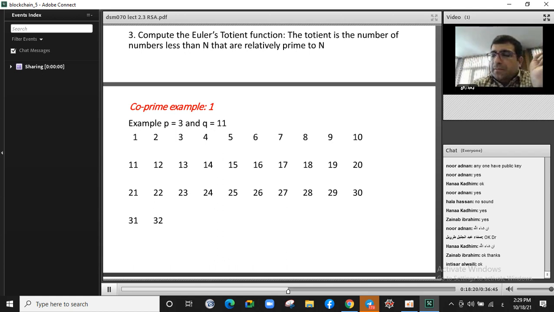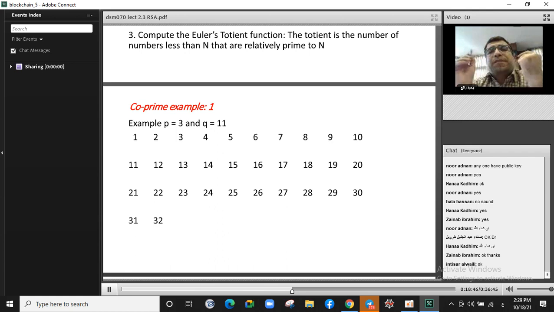So let P be 3, Q be 11, so n is 33. The product of P and Q in this case is 33. I want to calculate the totient of 33. The totient is represented by phi.